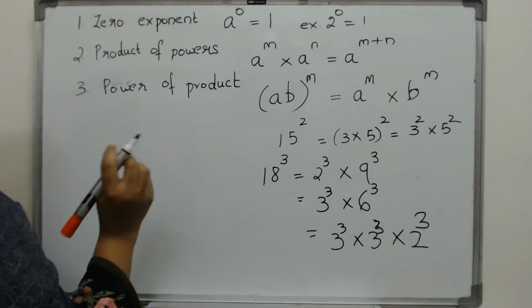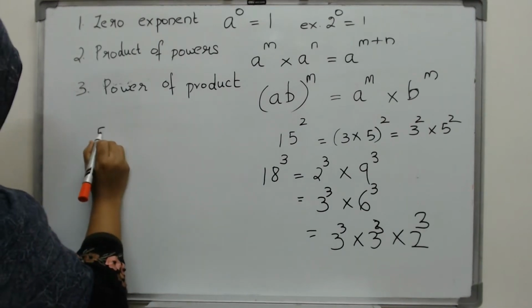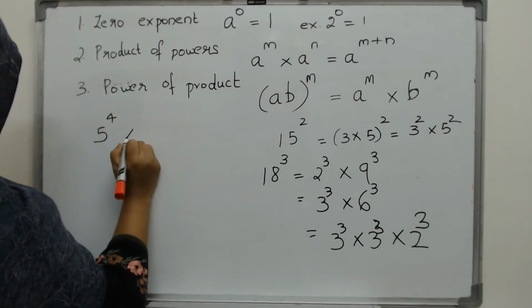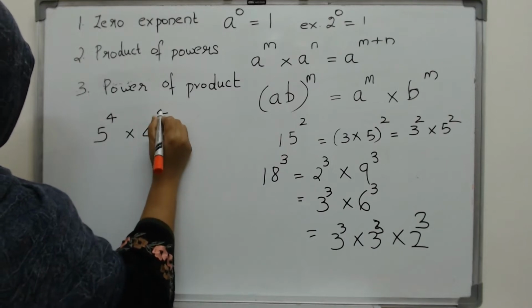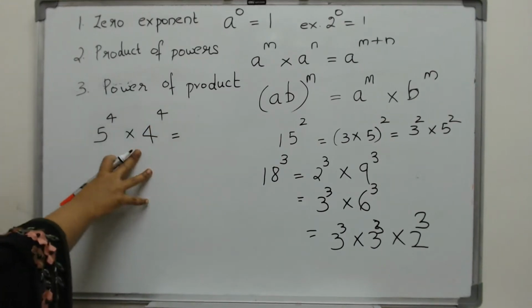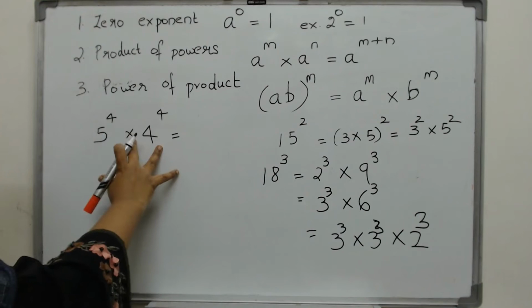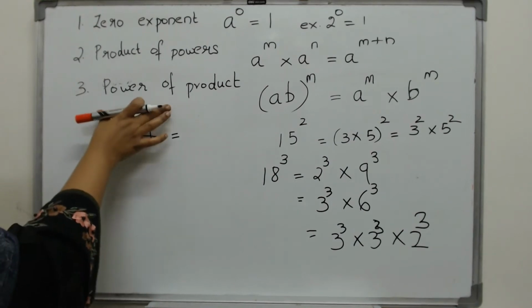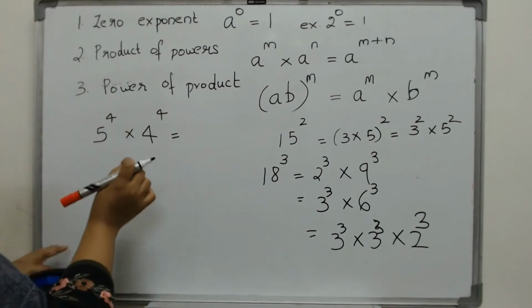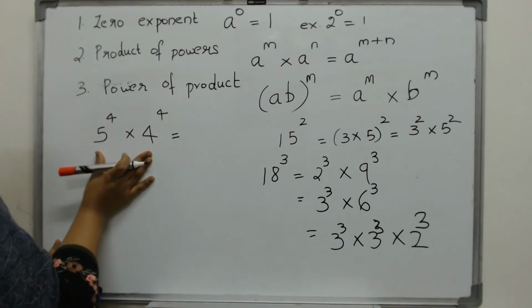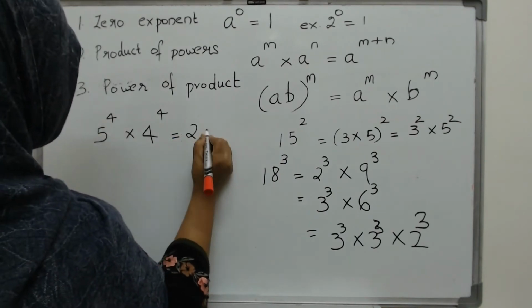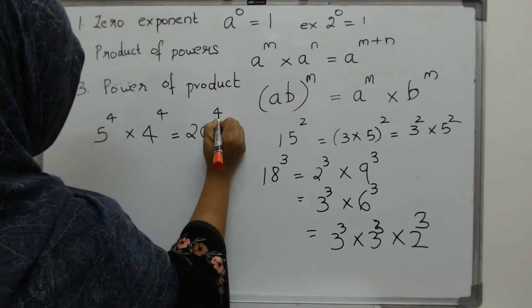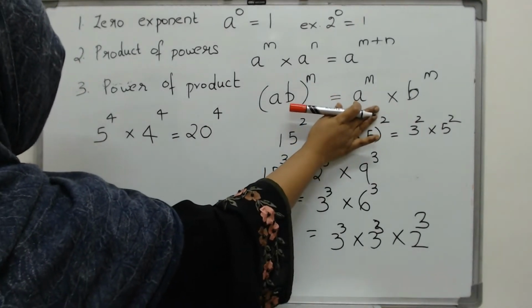Here you have the product of two numbers. What do you notice here? They have different bases, but their powers are the same. Then what do you do? You multiply the bases and write it as 20 raised to 4. That is what this rule was about.